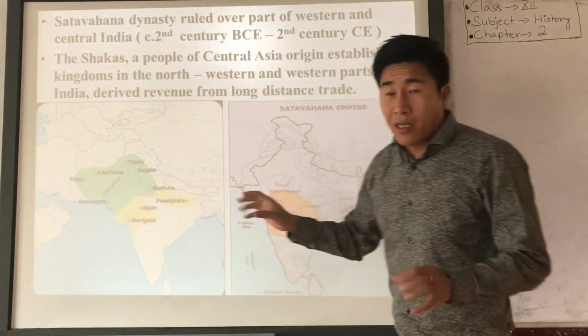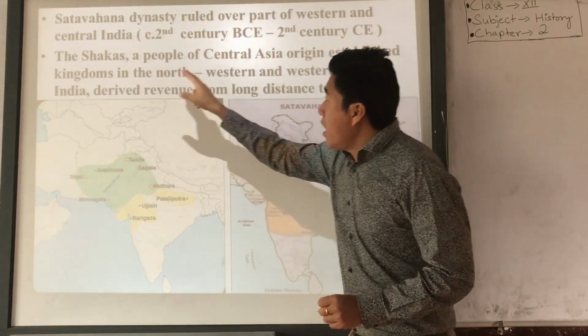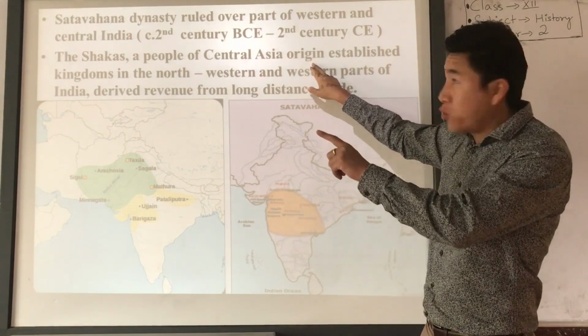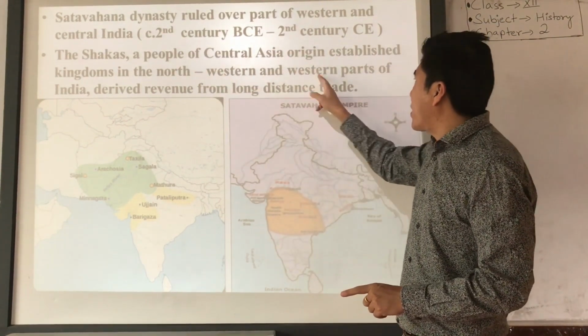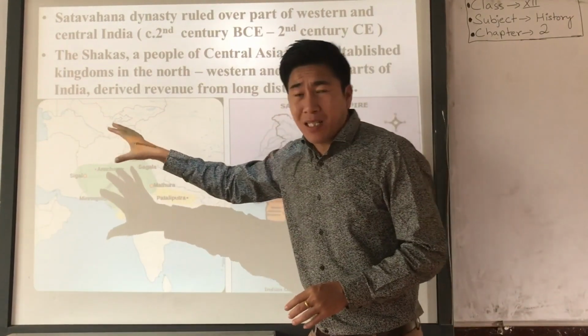Understood? Now, the Shakas are people of Central Asian origin, as I told you. They established kingdoms in the northwest and western parts. Northwest means Taxila and this area.